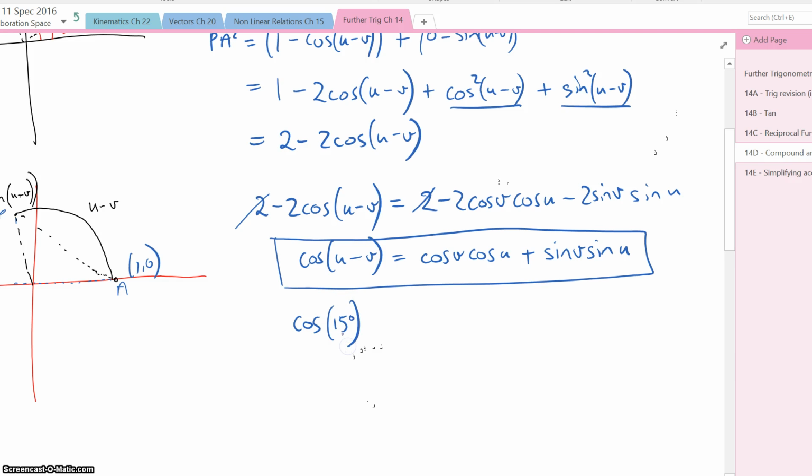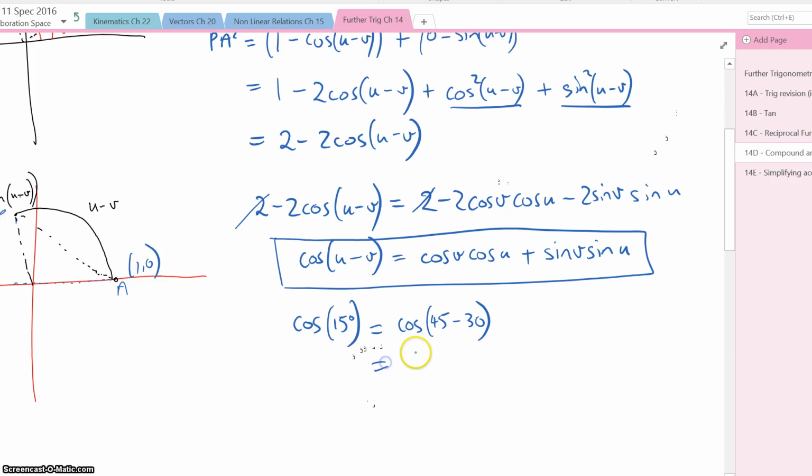What's that? We don't have a calculator, and we also don't have our special triangle. Well, the special triangles don't cover 15 degrees. But what I could do is say that that is the same as cos of 45 minus 30. Notice now that's the same as our formula up here.